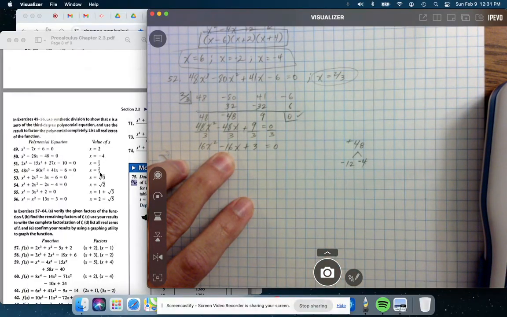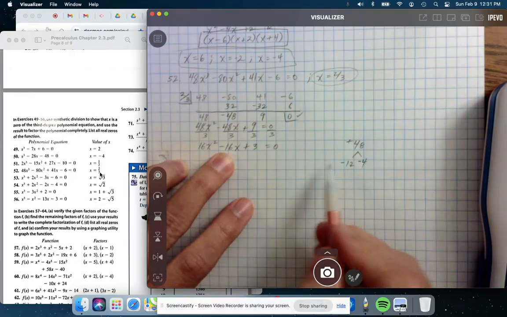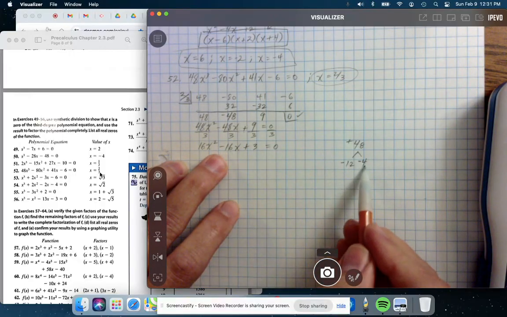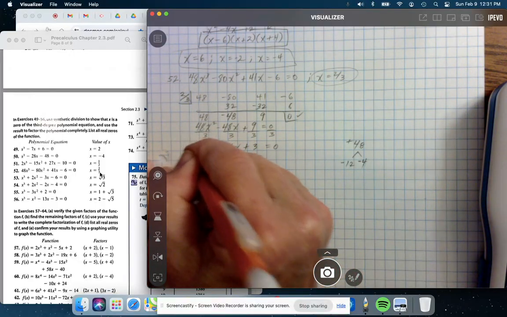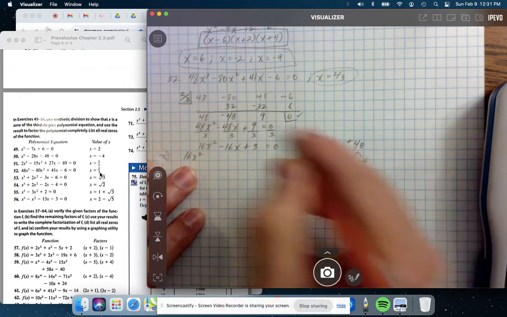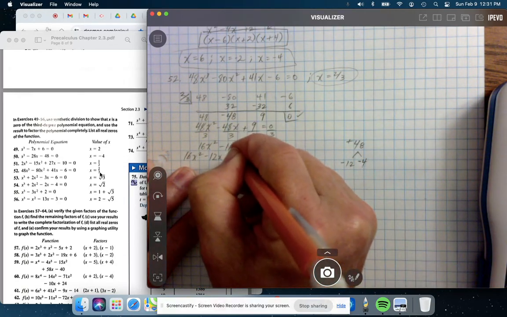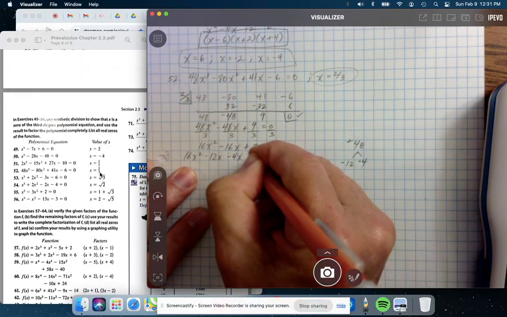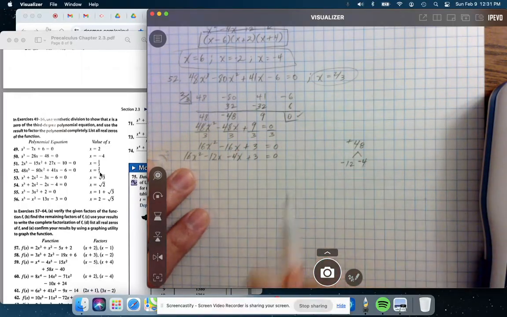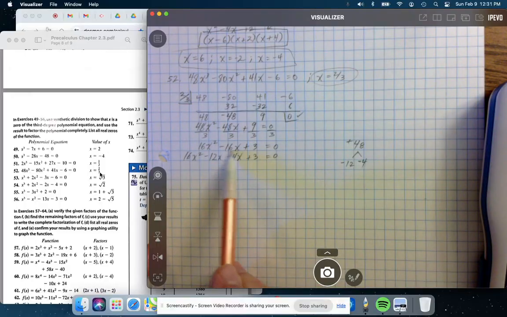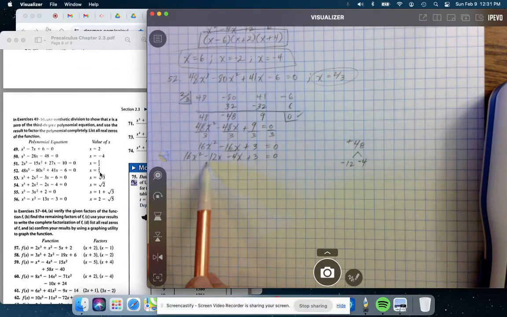So what I'm going to do is replace that middle negative 16 with these two. So that's going to be 16x squared minus 12x minus 4x plus 3. So all I've done is I replaced that minus 16x with these two.